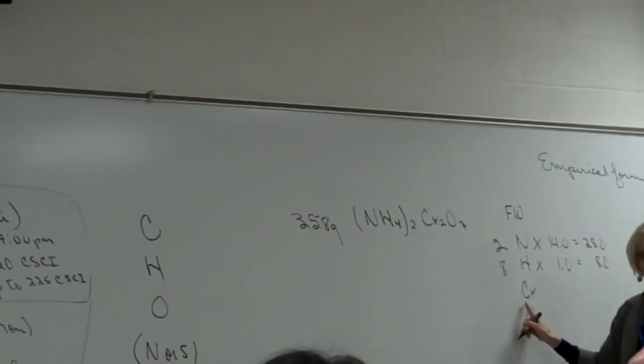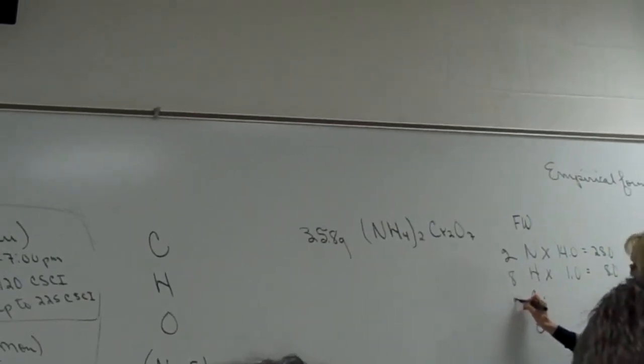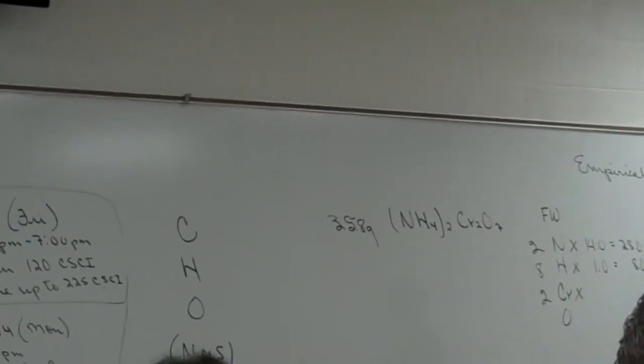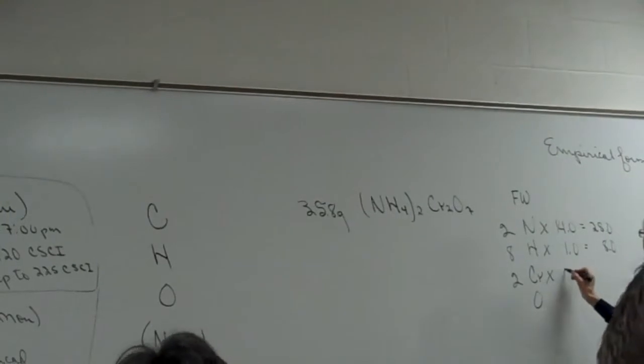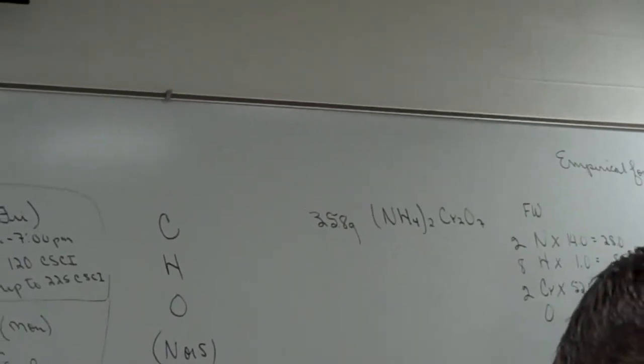Our chromiums right here, Eddie, how many? 2. Each chromium gives us how much? Can you spot chromium up there? 52. Yeah, 52.0. So 104. Was I okay on the .0?